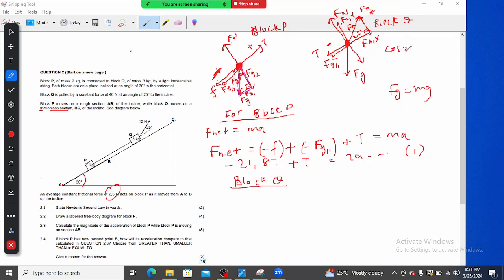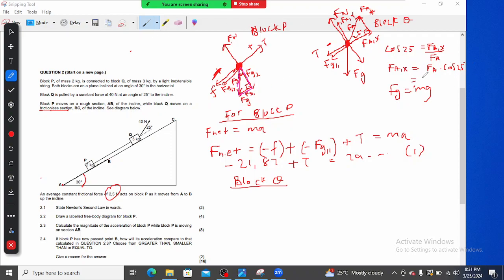So now for this FAX, we can use cos theta, or cos 25. Cos 25 is equal to adjacent over hypotenuse, so adjacent is FAX and hypotenuse is FA, right? So FAX will be equal to FA times cos 25. And then we have FA is 40 Newton.